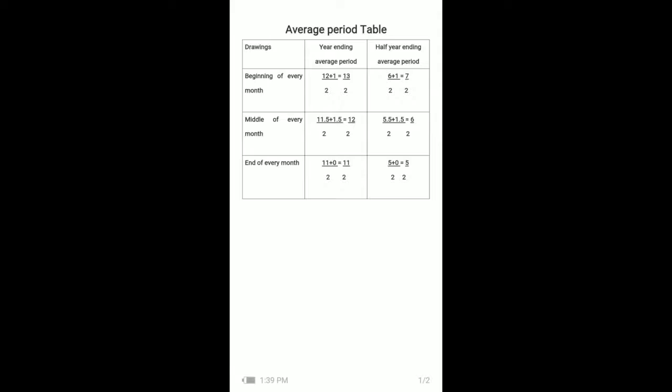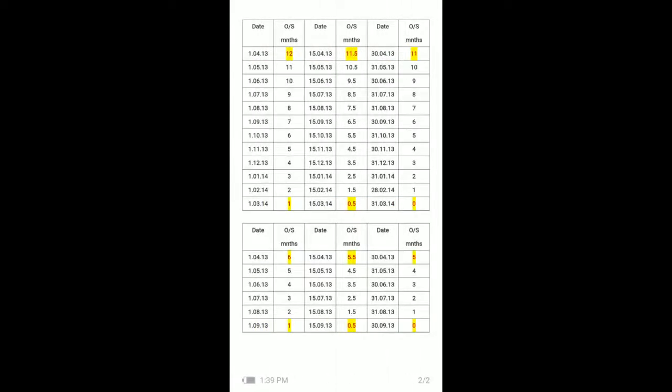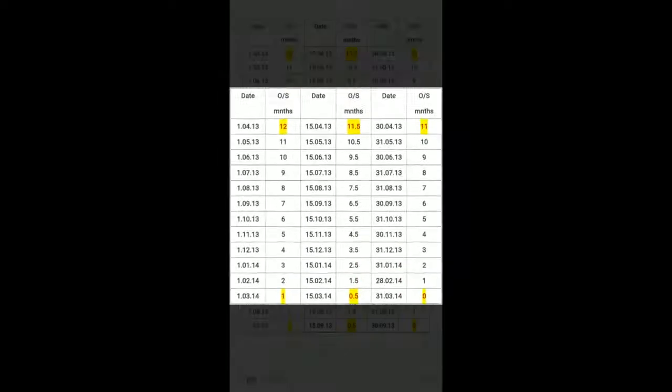So let us see how this average period is going to be understood using this table. So first column, beginning of every month. For the year ending, the average period is split as 12 plus 1 is equal to 13 by 2.